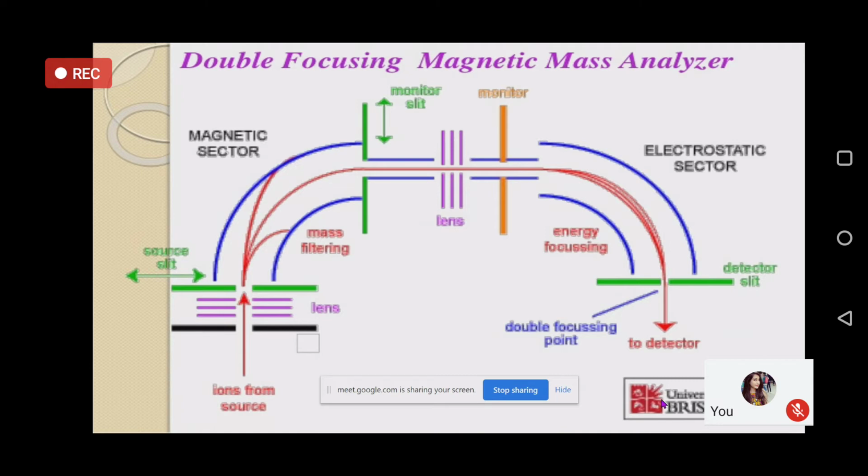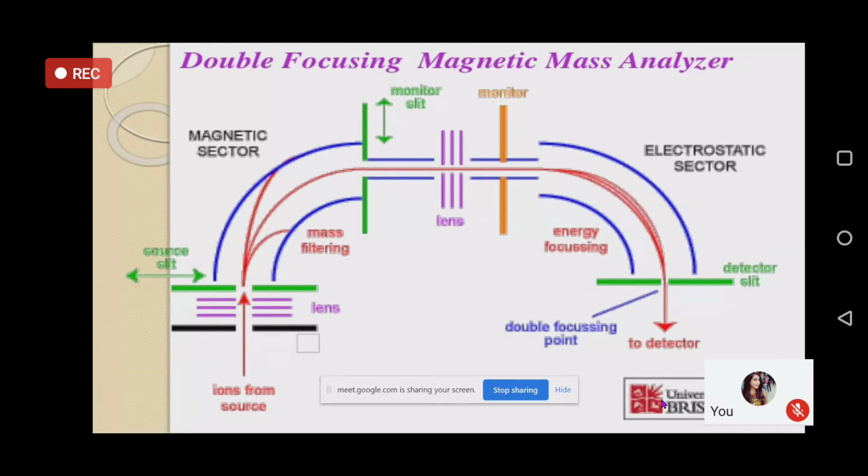These ions which are produced move to the electric field, and the basic important feature of this electric field is that it is curved. It is not a straight two parallel plates through which the electric field is applied. It is applied through two metallic plates, but they are not parallel, they are curved. And that is the main point of the first selection or first focusing. How does the first focusing occur?